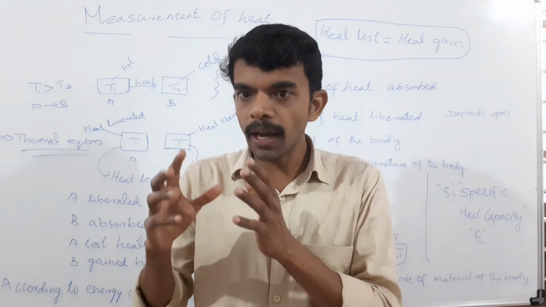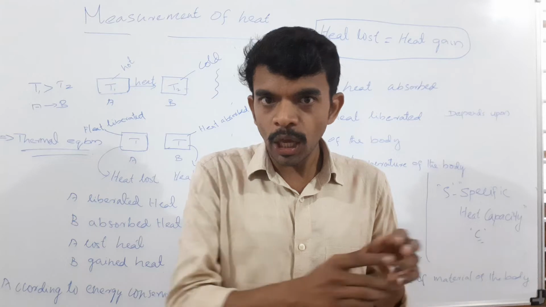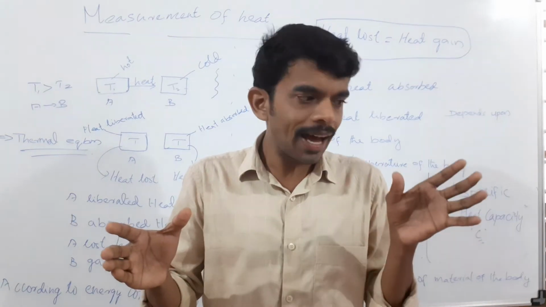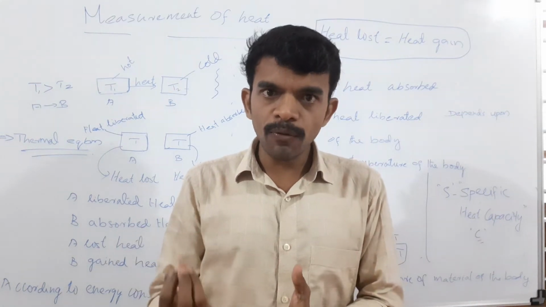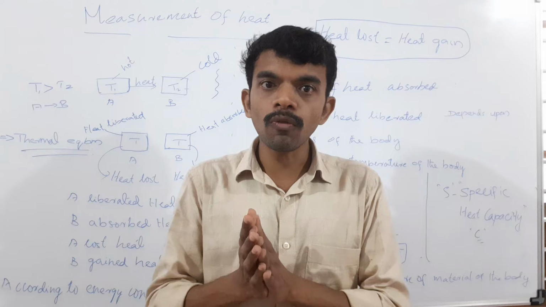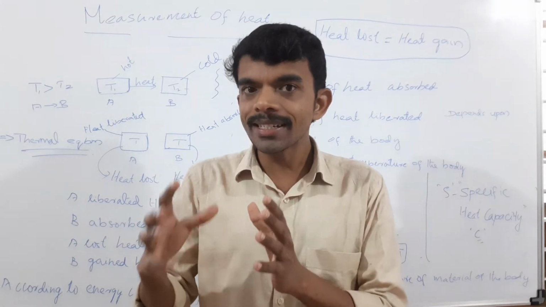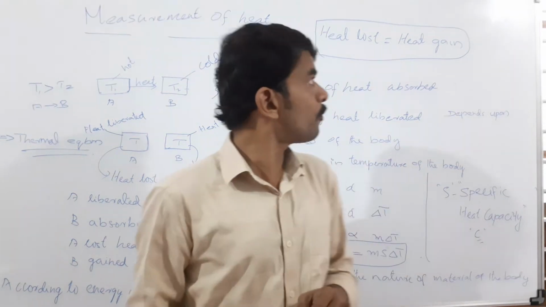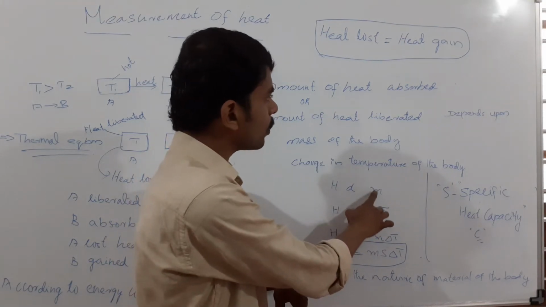More heat is absorbed by A than B. Both A and B are water, but to A we have to give more heat, since the mass of A is higher than the mass of B. So one of the factors is m, the mass of the body.